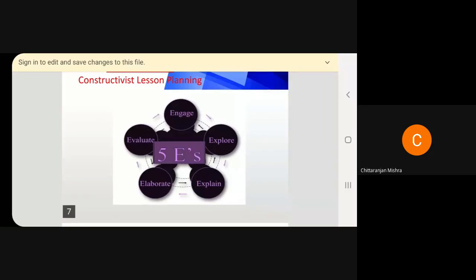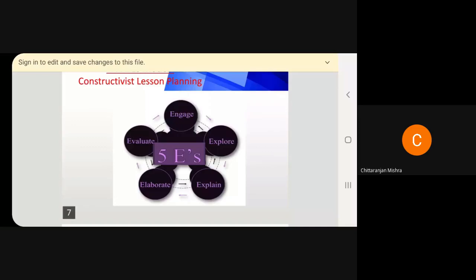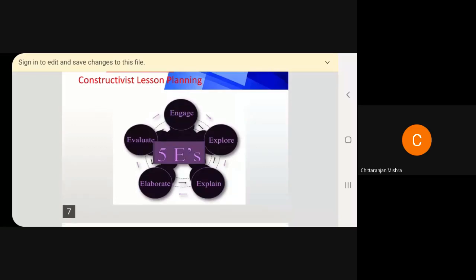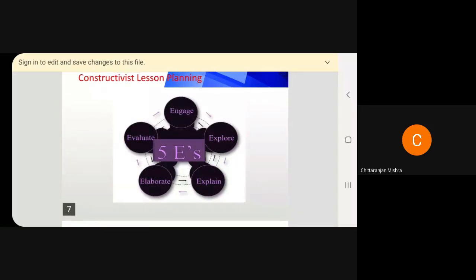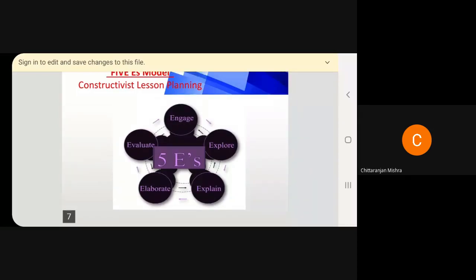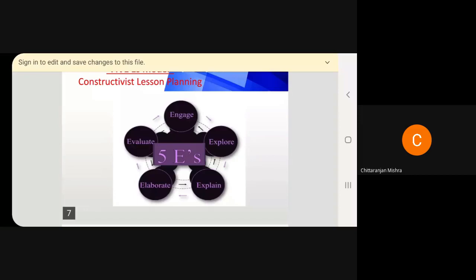It means that the teacher collected from the students what they know, and on the basis of it, the teacher will explain the concept that the teacher wants to tell them. So this is the stage of explain and also elaborate. Explain and elaborate are associated with each other and go parallel with each other. Whatever things require more emphasis will be elaborated by the teacher.